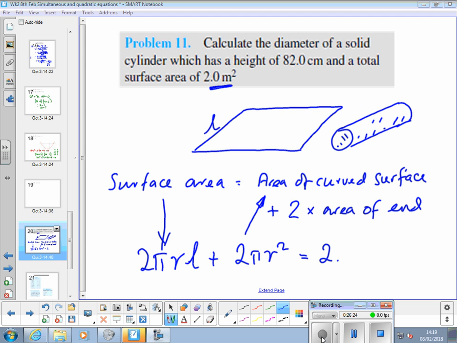And actually that is 0.82. All we need to do now, before we can use the formula method, is ask: what does the method require you to do?